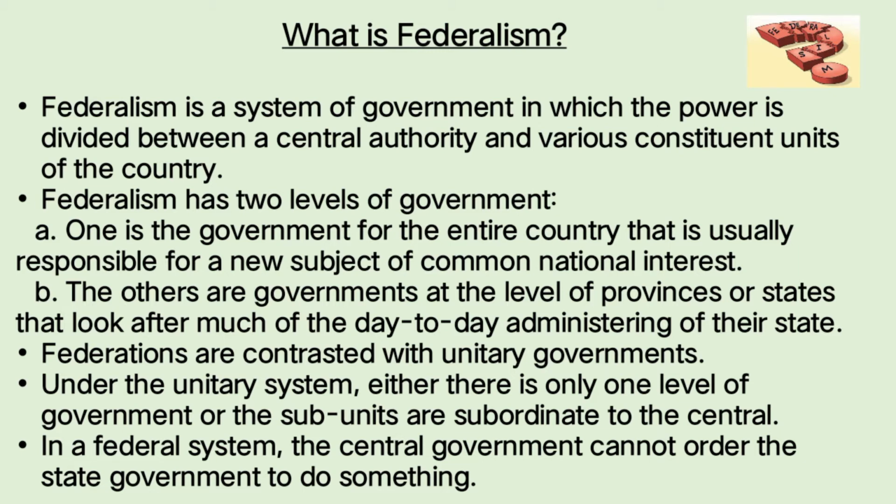It is usually responsible for subjects of common interest for the national interest of the entire country. The others are the governments at the level of the provinces or states that look after much of the day to day administration of their states.